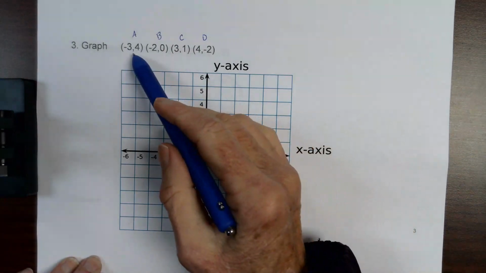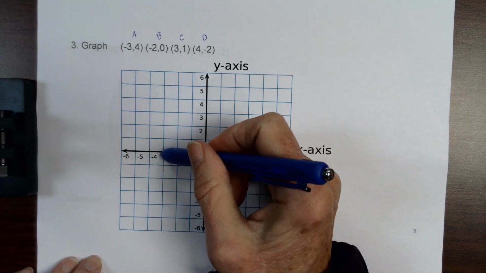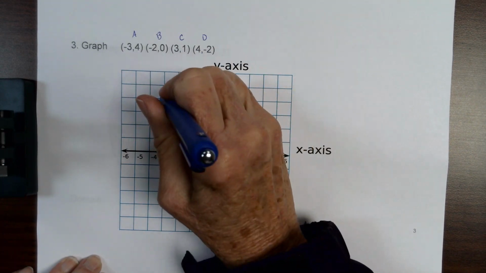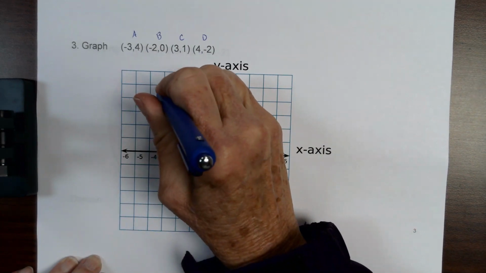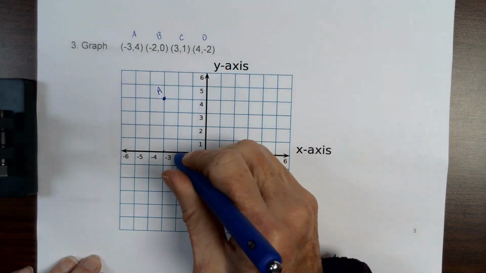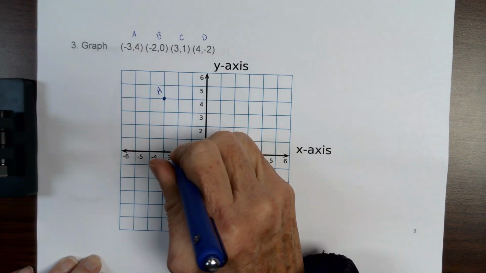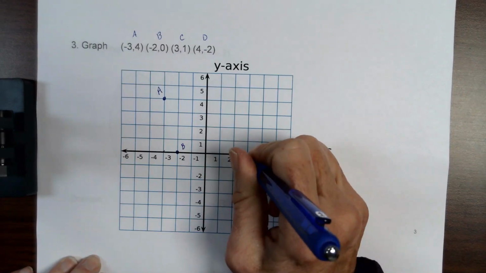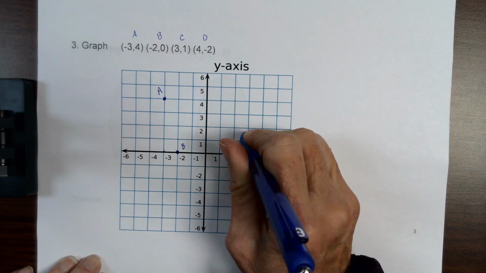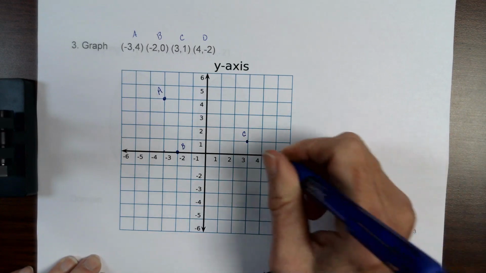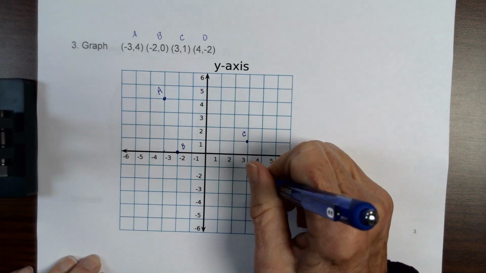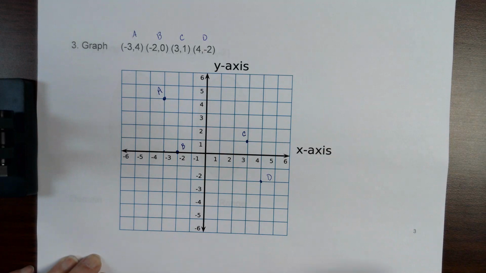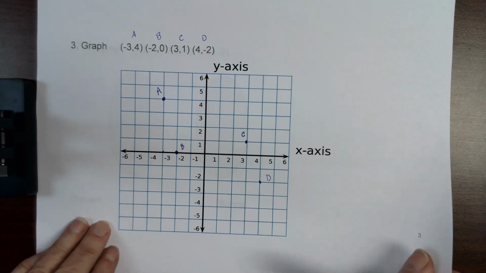So if I have -3, +4, remember you go over -3 on the x and up 4, so that would be A. You have -2, 0, so that would be your B. You have 3, +1, so that would be your C. And you have 4, -2, so that would be your D. So the third way to show a relation is on a graph.